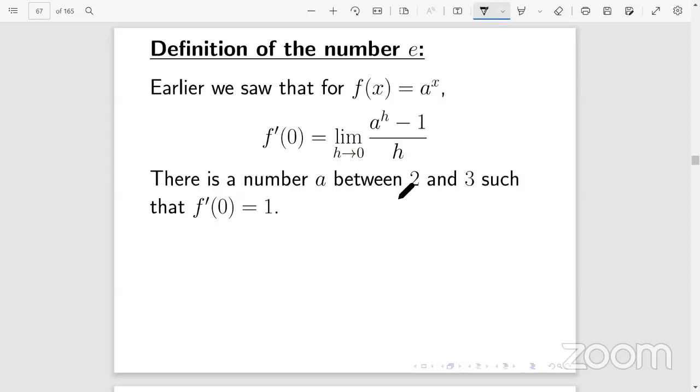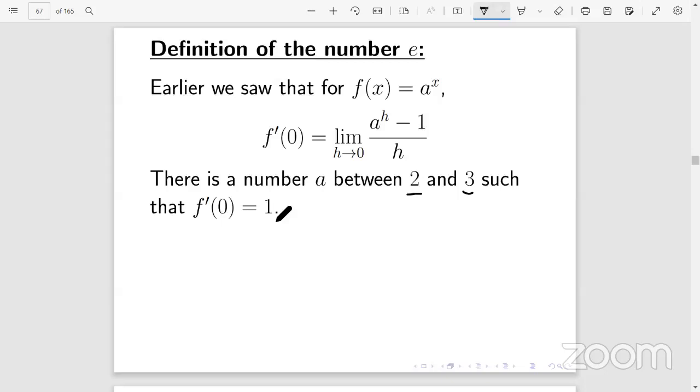When we do the investigation, we see that there is actually some number between 2 and 3 such that f prime at 0 becomes 1. Remember that f prime is a gradient, so we are saying that the gradient at 0 is equal to 1. I hope that makes sense.